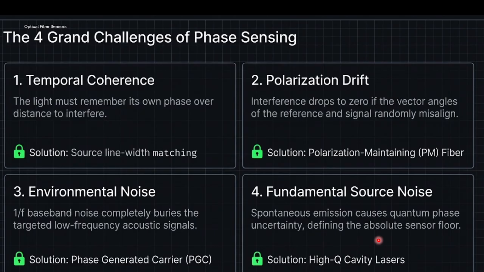The third one is environmental noise, where 1/f baseband noise completely buries the targeted low frequency acoustic signals. The solution is phase generated carriers. The fourth one is fundamental source noise. Spontaneous emission causes quantum phase uncertainty, defining the absolute sensing floor. The solution for this is high Q cavity lasers.